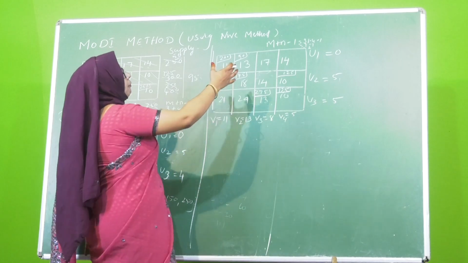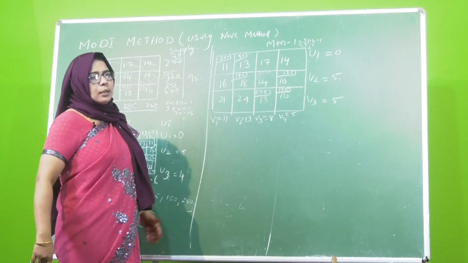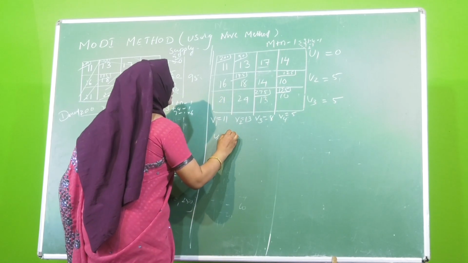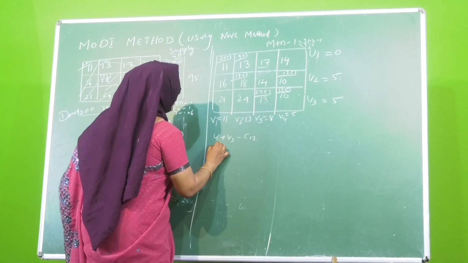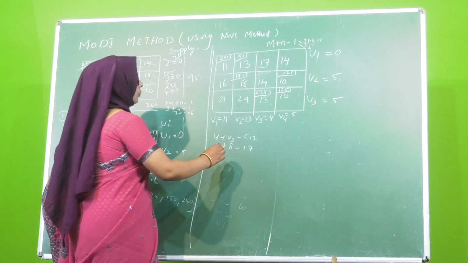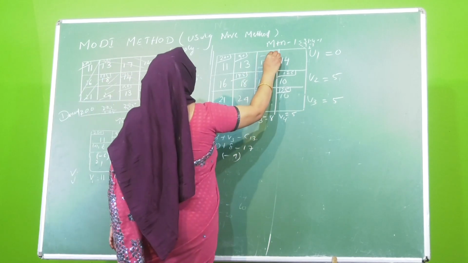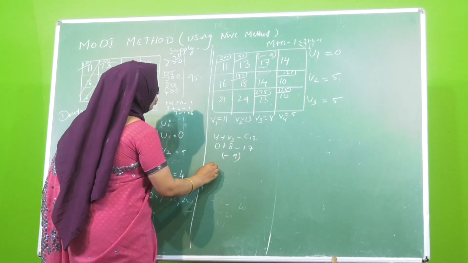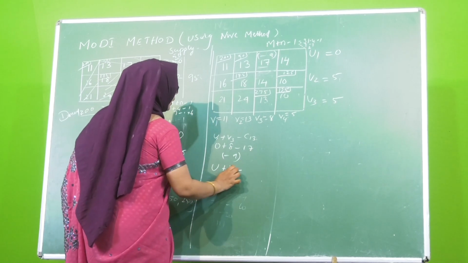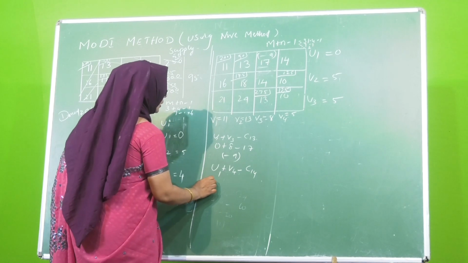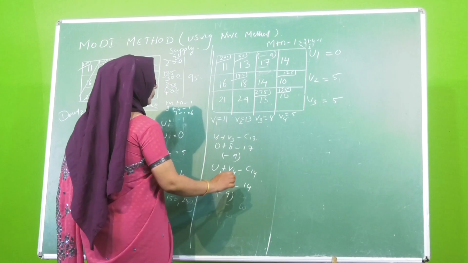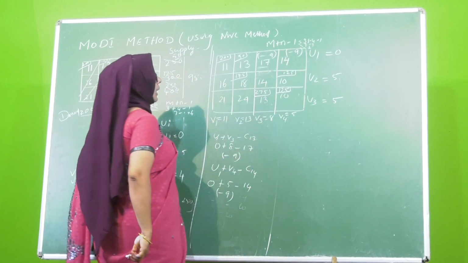We use this to find the values for the dummy cells. For C13 of 17: U1 plus V3 minus C13, U1 is 0, V3 is 8, minus 17, so minus 9. Next, U1 plus V4 minus C14: U1 is 0, V4 is 5, minus 14, this also gives minus 9.